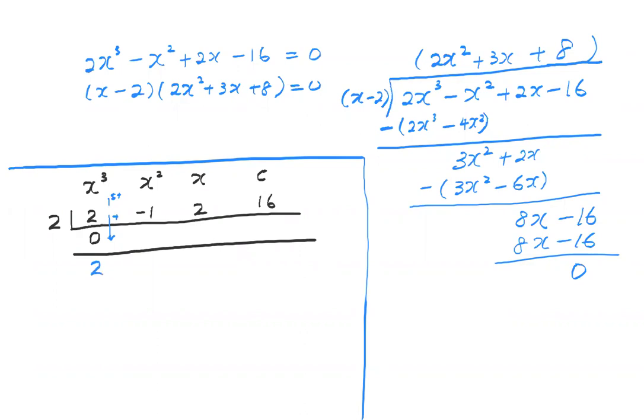Second step, you take this, multiply, then you put the result into here. So this is 4. Clear? Third step.